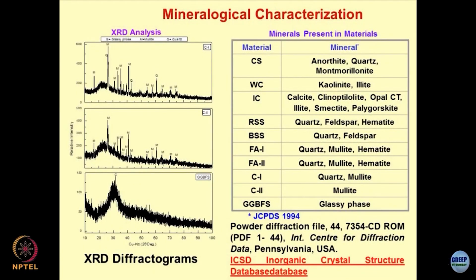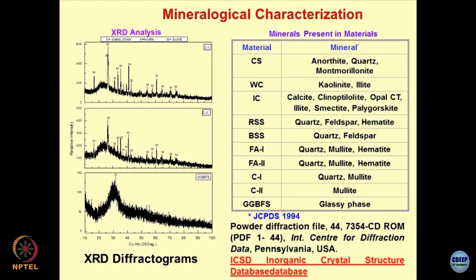This is what is known as the Inorganic Crystal Structure Database. Quick reflection of the graphs which you are going to get. Sometimes you get peaks, crystalline material, very inert. Sometimes you get hazy pictures without any clear peaks. So, that is the difference. This type of material is a good glassy phase material.